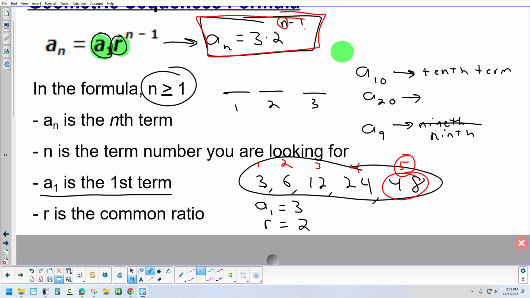All right. So now that I explained it, let me ask somebody to help me do another one. I want to predict the 7th term. How would I use this formula to predict the 7th term?